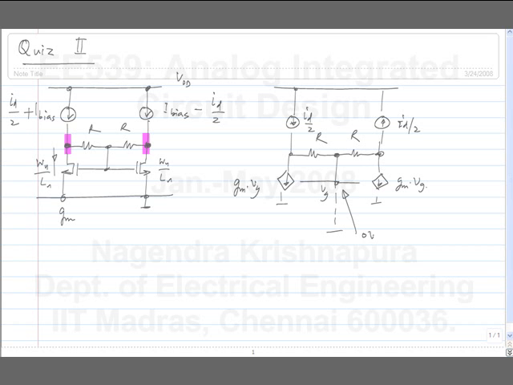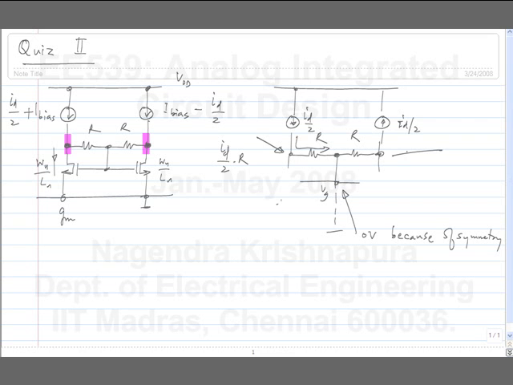This is at 0 volts because of symmetry. So obviously these two current sources go away. And you have ID by 2 flowing through a resistance R. So this voltage is ID by 2 times R, and this will be minus ID by 2 times R.